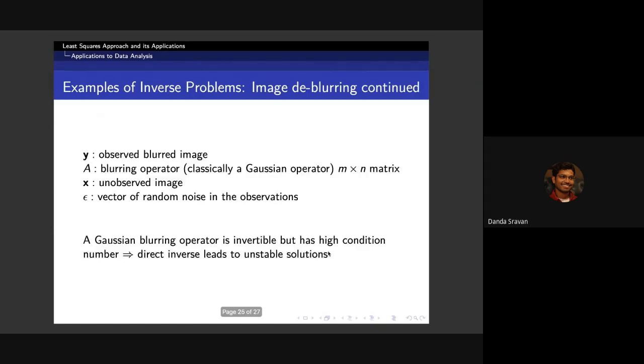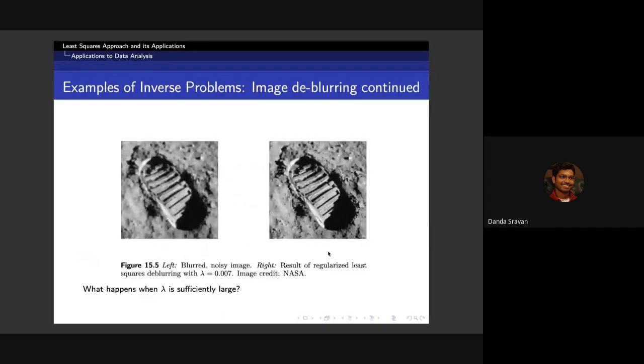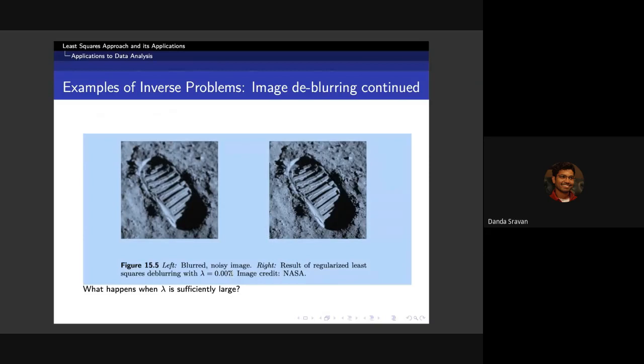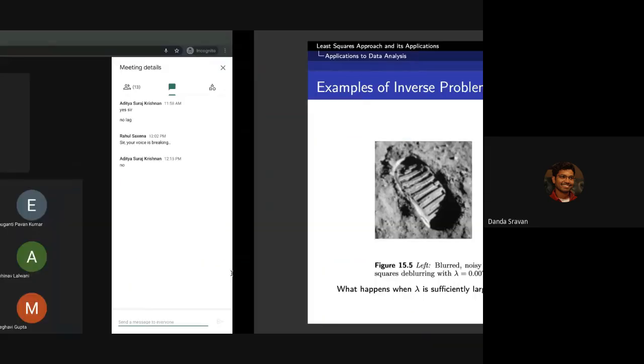So for this image, if I use lambda equal to say 10 power 4 or something of that sort, what would I see?